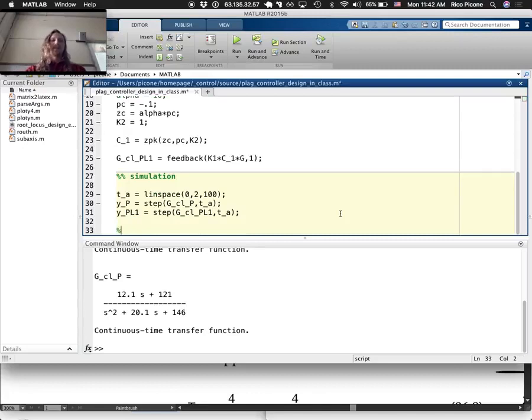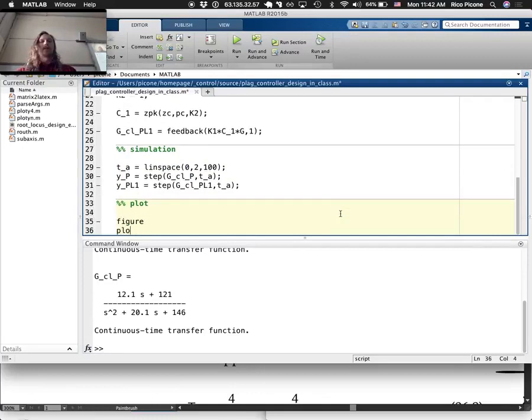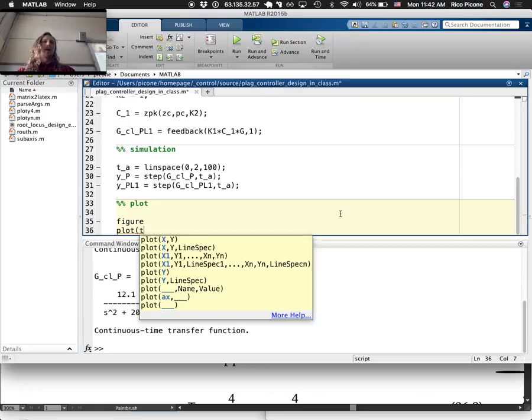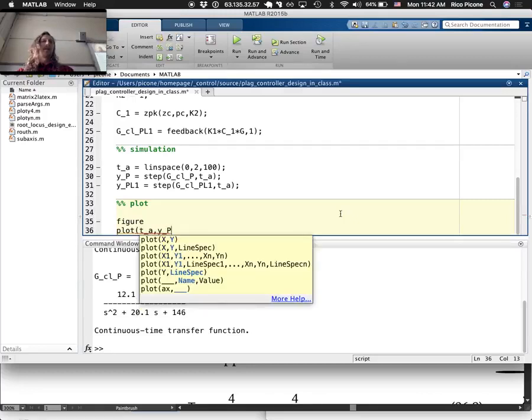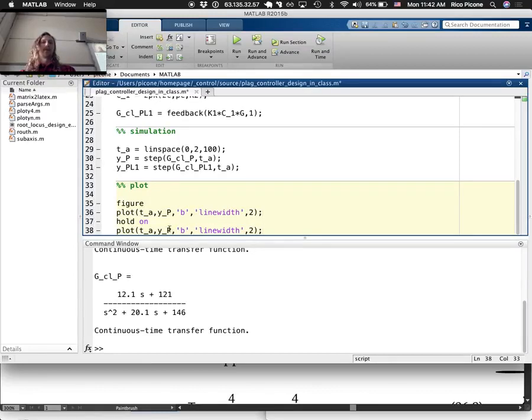And now let's plot. Let's open up a figure, and we'll plot TA and then YP, the proportional controller's closed loop response. Then we'll hold on. I'll do blue, and line width probably 2. Then I'll do another one for PL1, our lag, in red.